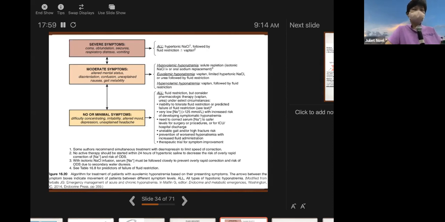Especially if the patient needs an emergency surgery, then you need to correct that sodium. For ICU hospital discharge, you also correct that sodium before you transfer the patient to a regular room. Patients who have unstable gait, you have to correct that first because the hyponatremia could contribute.